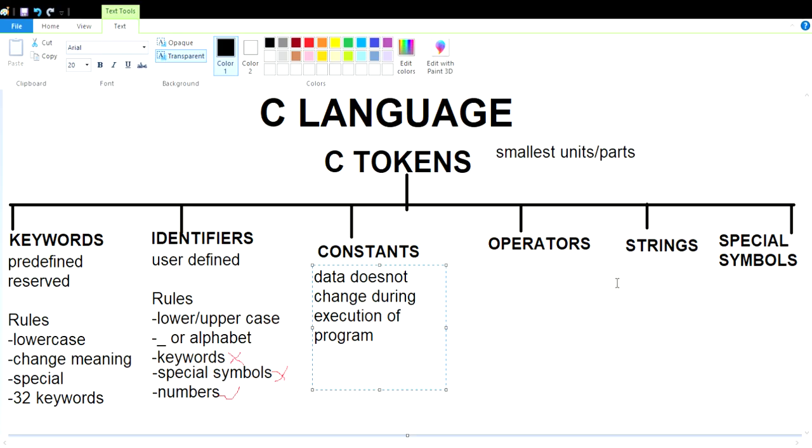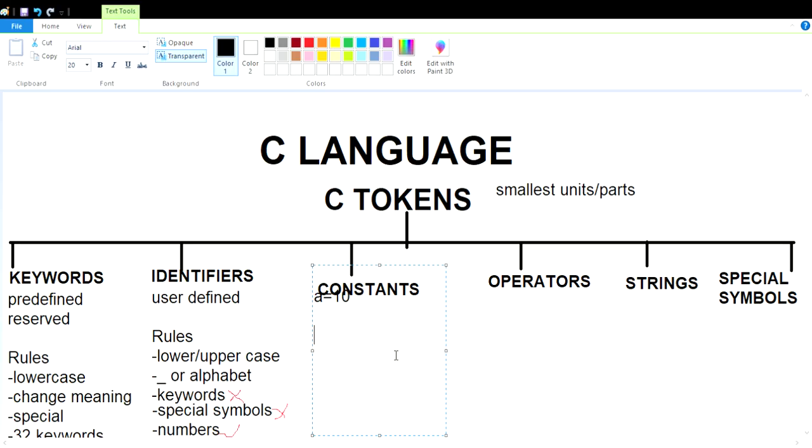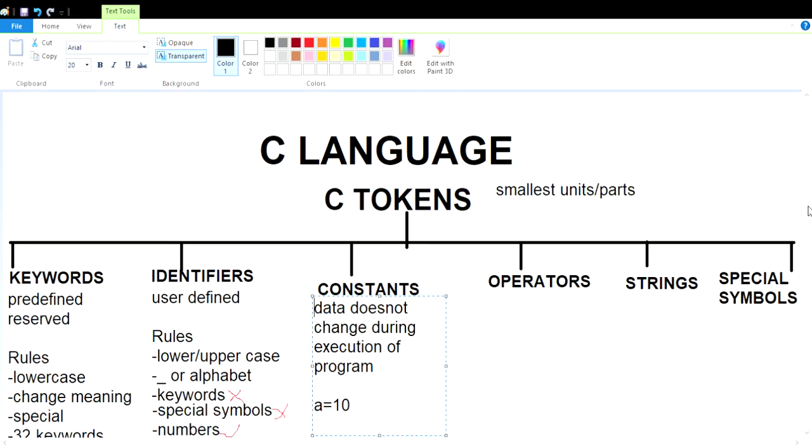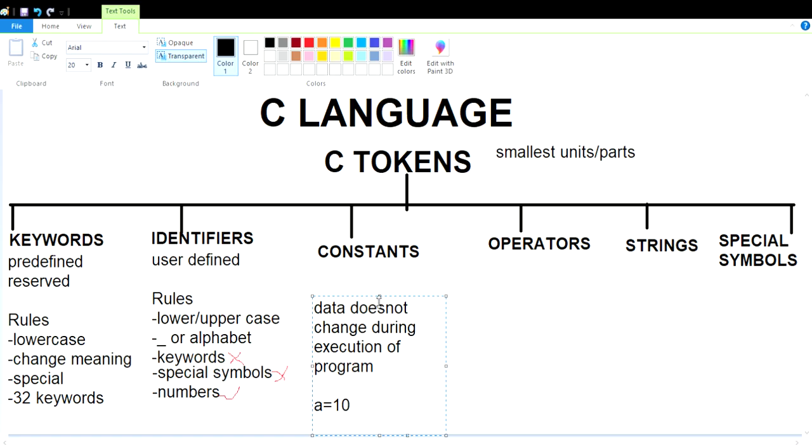Whatever we take, that particular data will be fixed. For example, if I take a equals 10, that will be fixed for that particular a value. That is called a constant. In a constant, the data will be fixed and will not change until the execution of the program ends.